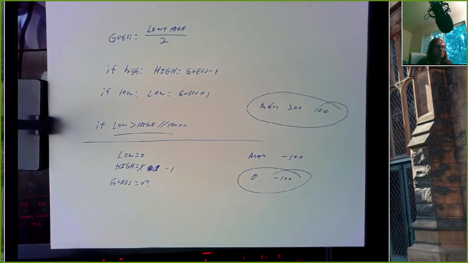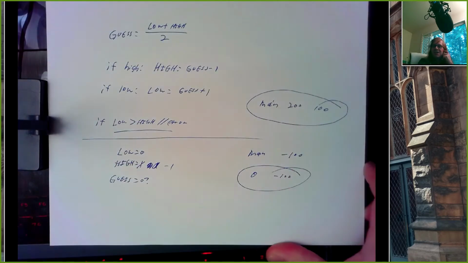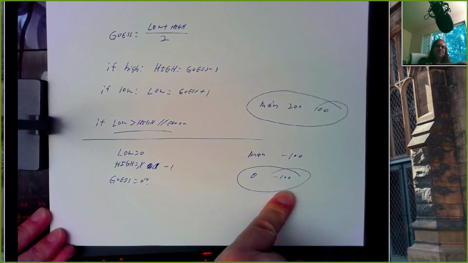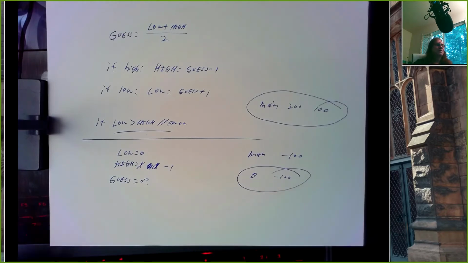But you're not supposed to accept this anyway. The high has got to be bigger than or equal to the low. But if you try to take the log of a negative number, you get negative infinity, I think. And so you'll get some big long negative number for the number of guesses.